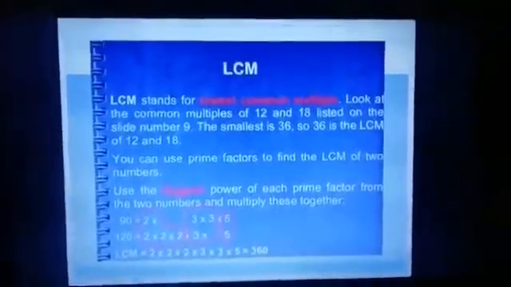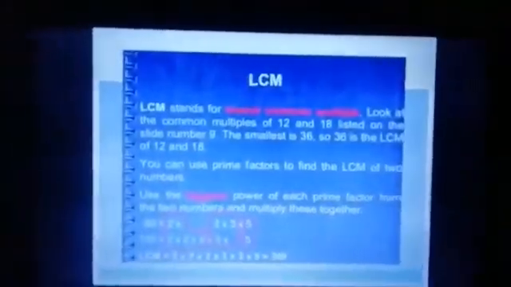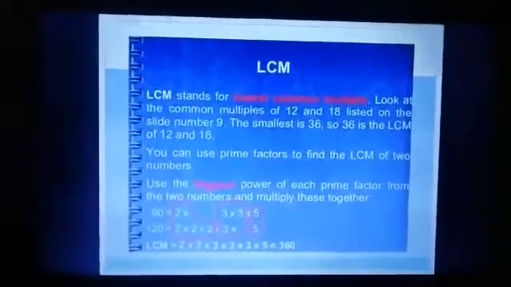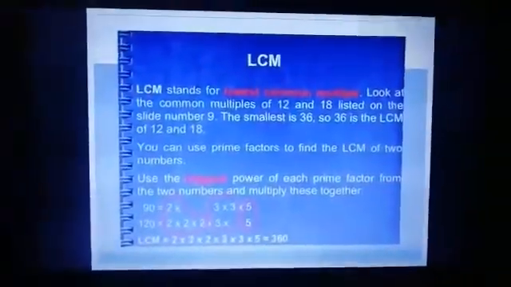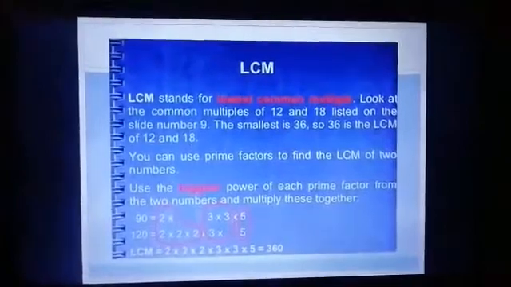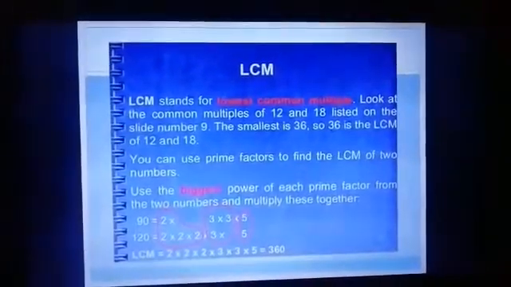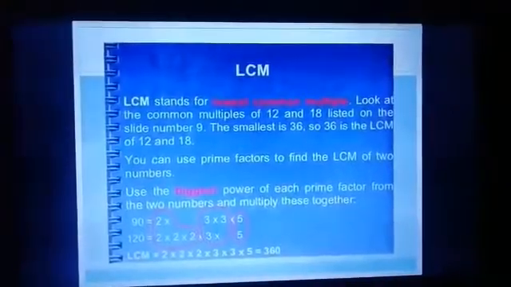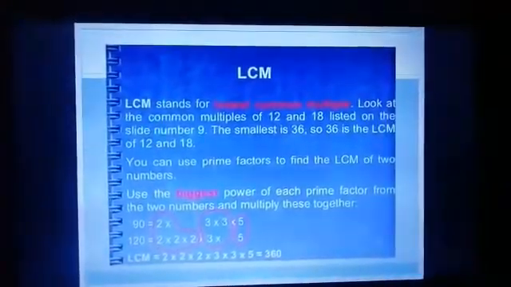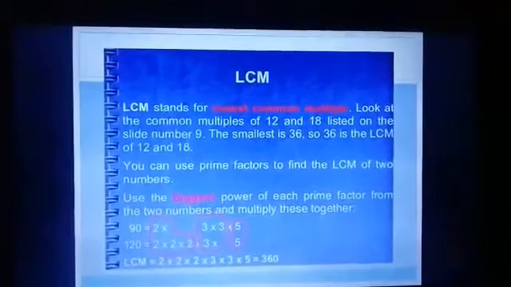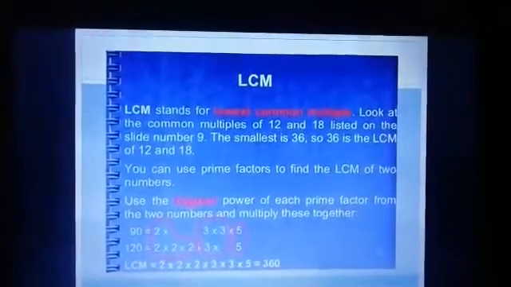LCM. LCM stands for lowest common multiple. Look at the common multiples of 12 and 18 we have discussed in our last slide. Now again I am taking 90 and 120, and here we can see we have the same factors. Now I am taking the pairs of 2s, and then 3 and then 5.